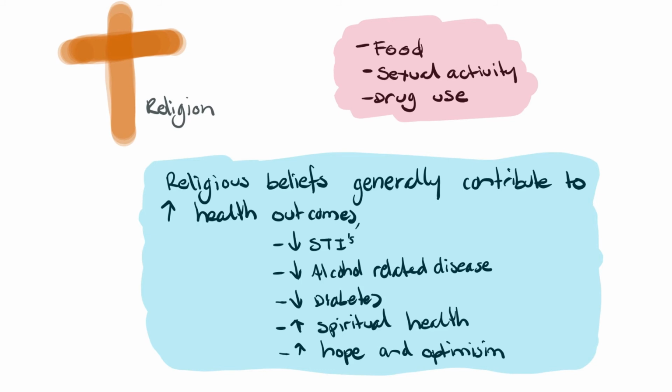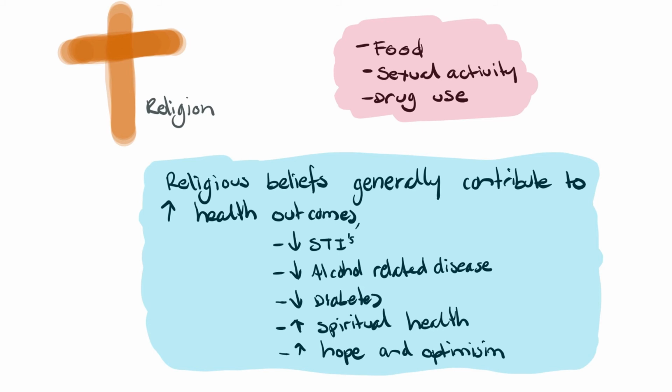And that's the same with limiting alcohol use, or not even drinking alcohol at all, or the fact that some of these diets associated with religions are vegetarian diets. That means that we're going to see a decrease in alcohol-related diseases and diseases related to high-fat diets, such as diabetes and cancers and heart disease.